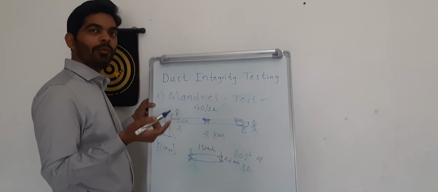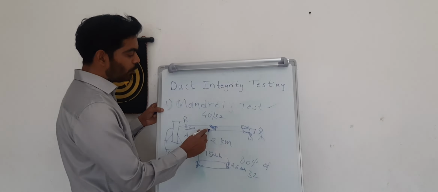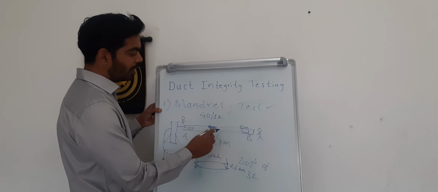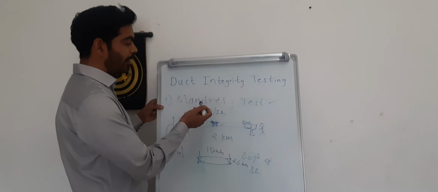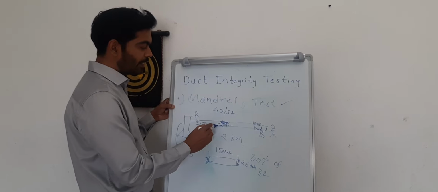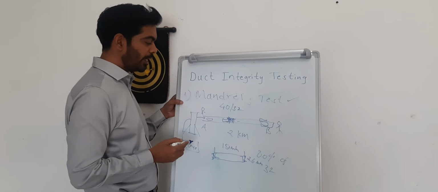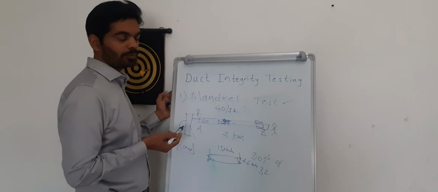You might think, it has passed the continuity test, so why is it failing? Air can flow through this area, but the mandrel or the shuttle is a solid device, so it will get stuck over here. Now you don't know this location, so you have to trace it out.